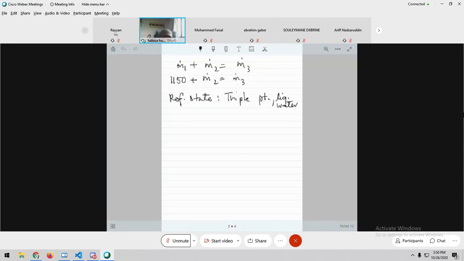You need the energy balance in order to solve for the unknown. When you do the energy balance, you will also have the unknown M2 multiplied by its specific enthalpy, and then M3 multiplied by its specific enthalpy. So you will solve the material balance and the energy balance simultaneously.